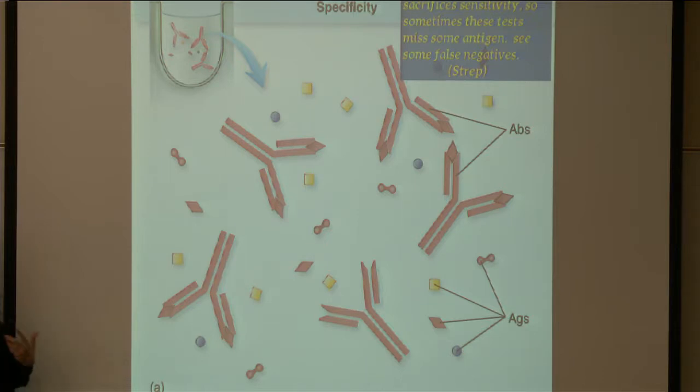Earlier stages of strep throat are probably going to come back negative because there's not enough yet. Later on, when it's really bad, the chance of it coming back positive is going to be much greater because there's going to be a lot of antigen around. So think of the rapid strep test as an awesome example of something very specific, but not very sensitive, meaning there has to be a lot there.